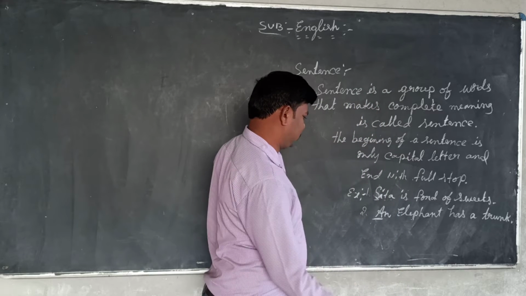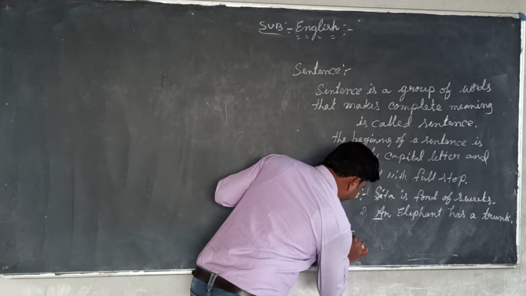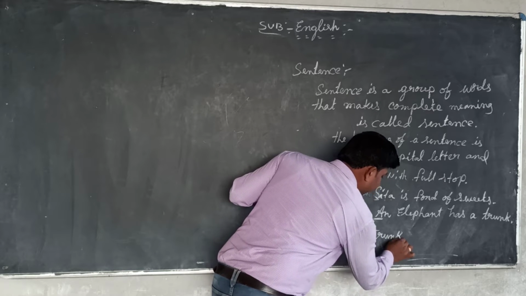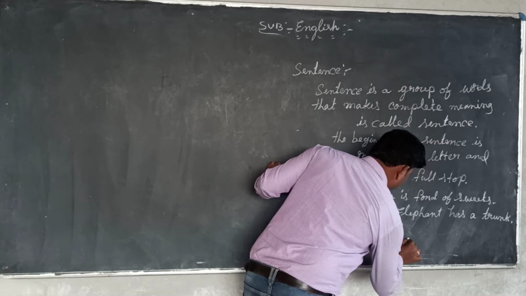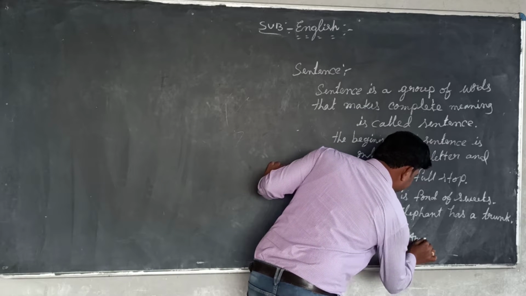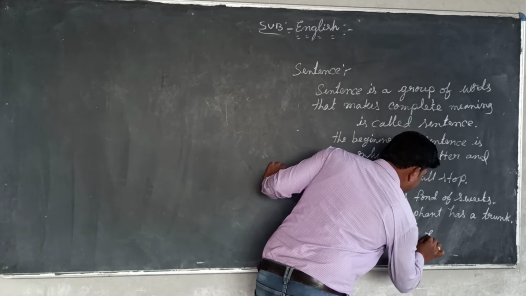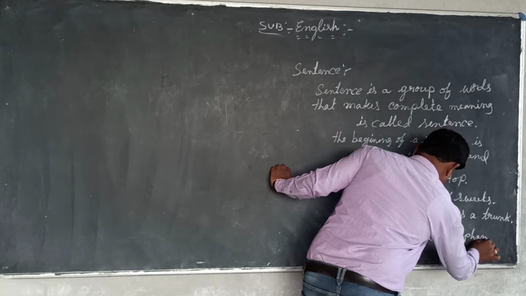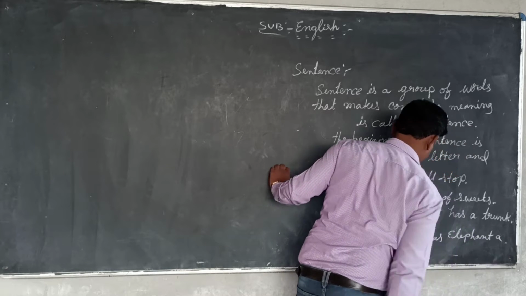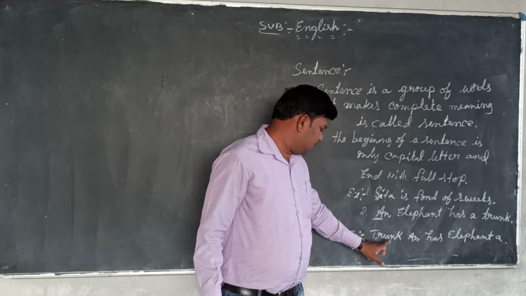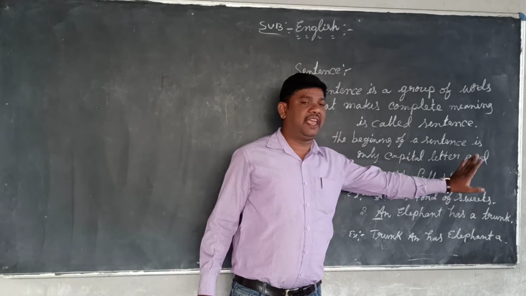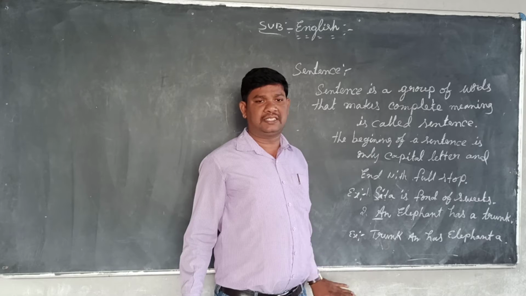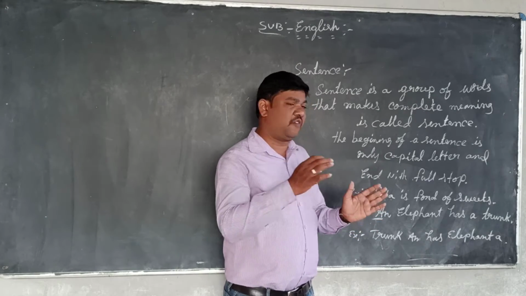Suppose the words are like this only, see here. Trunk, yarn, has, elephant, a. If you write like this, trunk, yarn, has, elephant, a, this contains a group of words, but it does not convey the meaning.